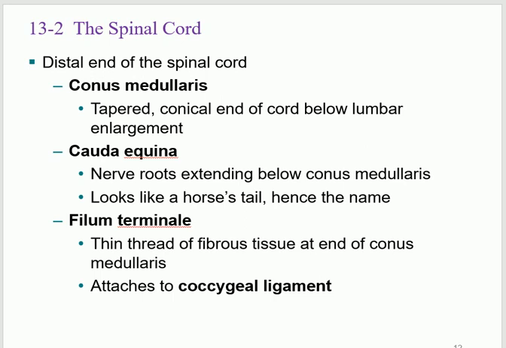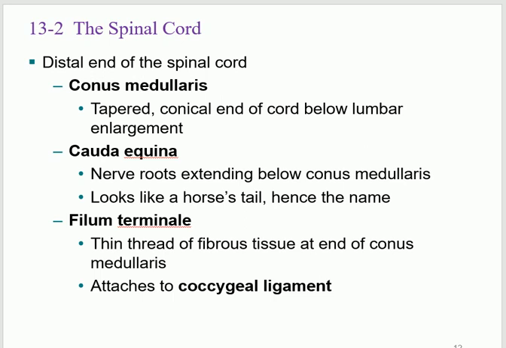The end looks like what again? It looks cone shaped, and the cone shaped end has a tip. From that tip, there is a ligament that starts and goes all the way down to stabilize it.